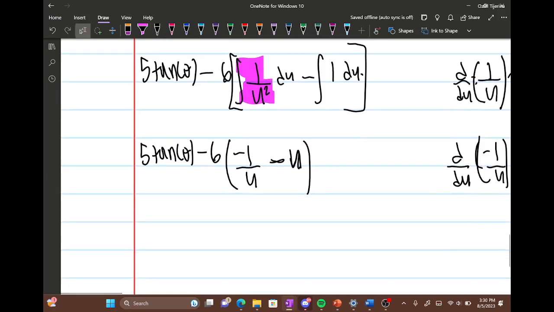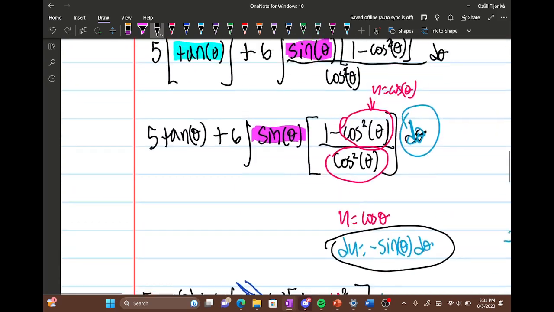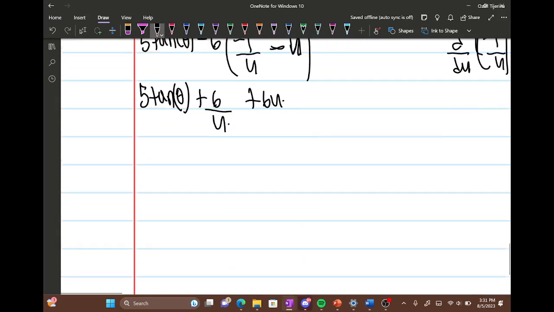So then from here, all we have to do is distribute and then substitute u back in. So we're going to have 5 tan theta plus 6 over u, and then plus 6u. Now, we're going to substitute u back in, and we always have to make sure to add the constant of integration.